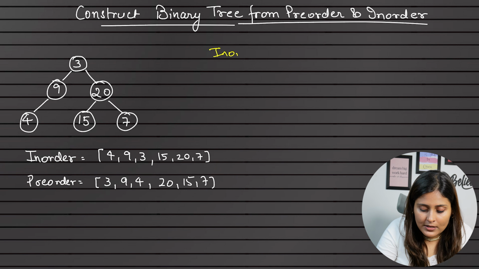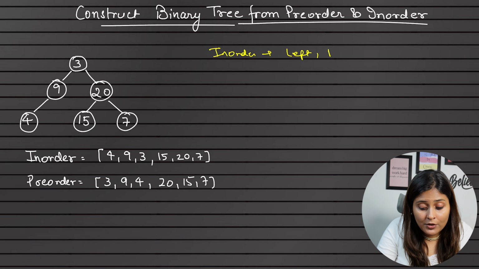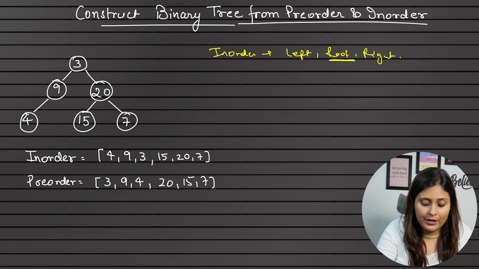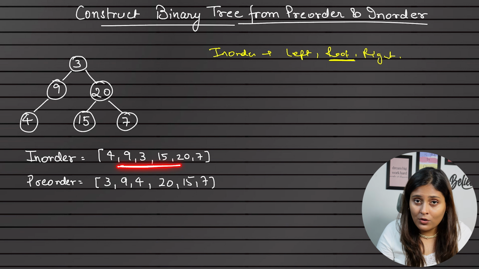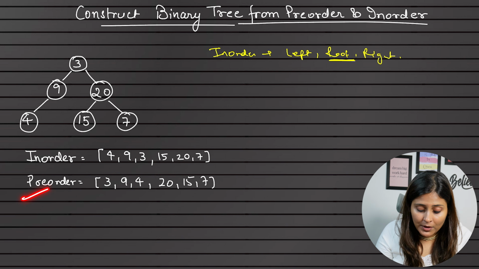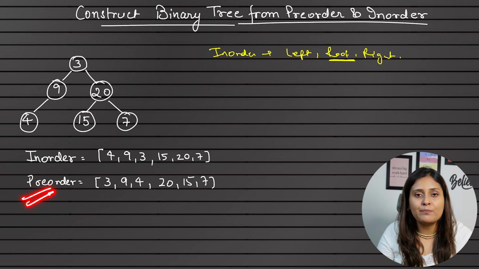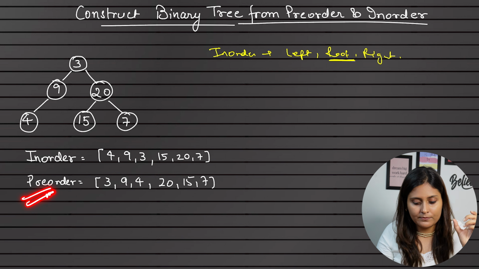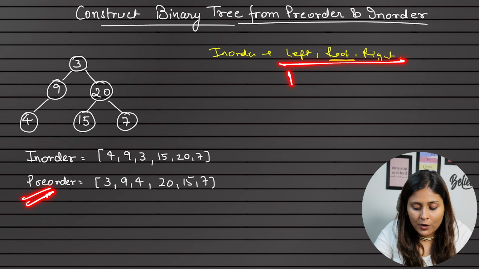For in-order traversal we store left first, then the root value and then the right, means the root will be in the middle somewhere. So we cannot justify what will be the root, but for sure from the pre-order we can find. Why? Because pre-order stores the whole tree in the format of root first, then left and then right.